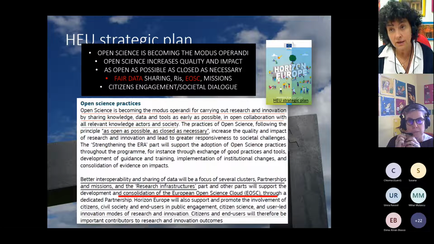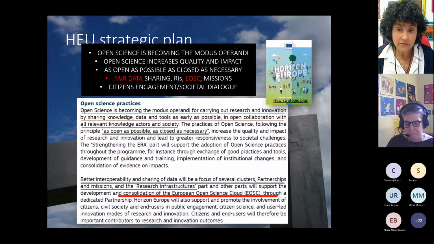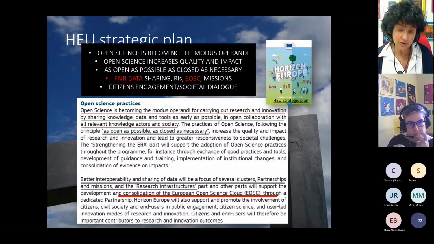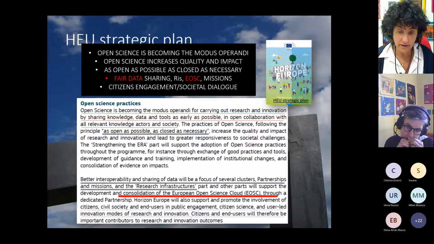And during our third lesson, we made 2 examples of data that clearly should be kept closed. And why is that? Because now we have the EOSC, the European Open Science Cloud. If you don't go open, if you don't make your data FAIR by design, the risk is to be excluded from this huge process ongoing in Europe.